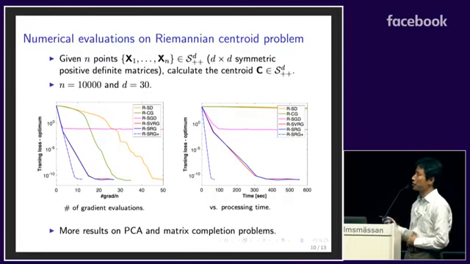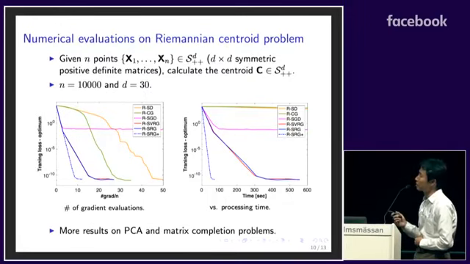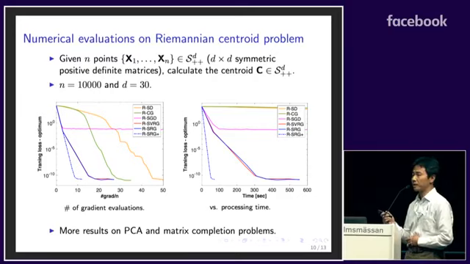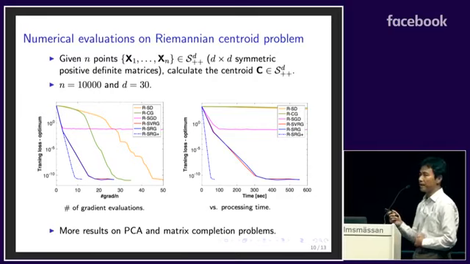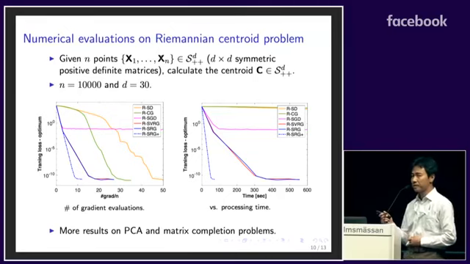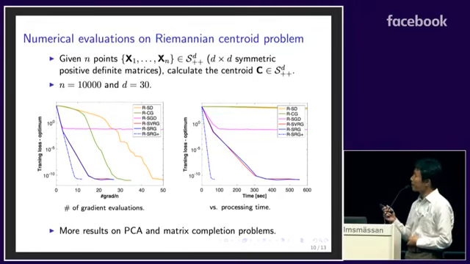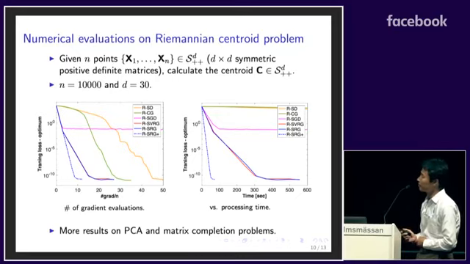So let me show you one example of the numerical evaluations on the Riemannian centroid problem. Here we calculate a Riemannian centroid for n symmetric positive definite matrices, of size D times D. Here n is 10,000 and the dimension D is 30.